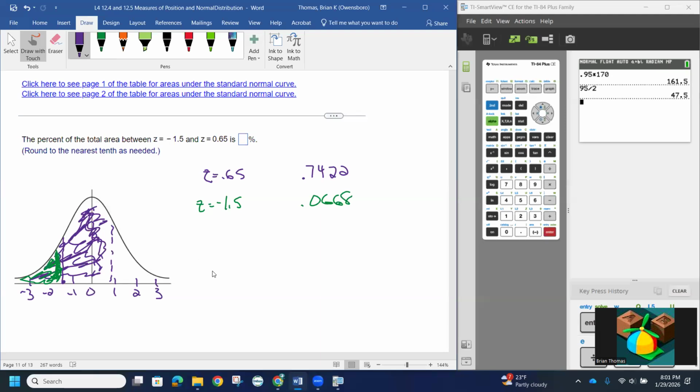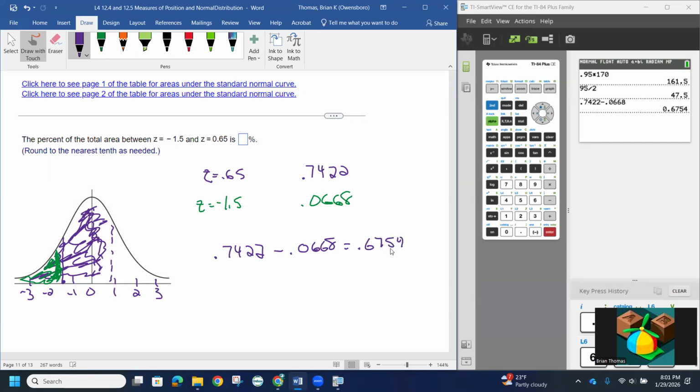The math I need to do is 0.7422 minus 0.0668. If I do that math, that gives me 0.6754.